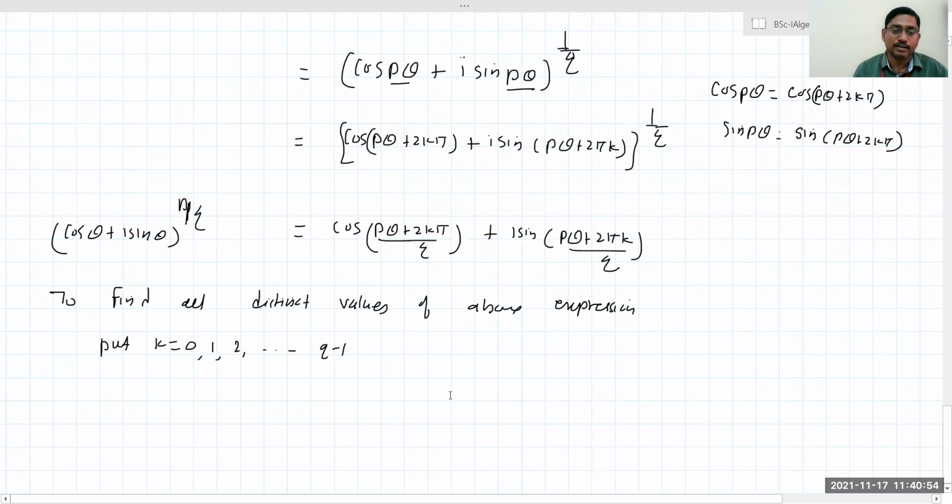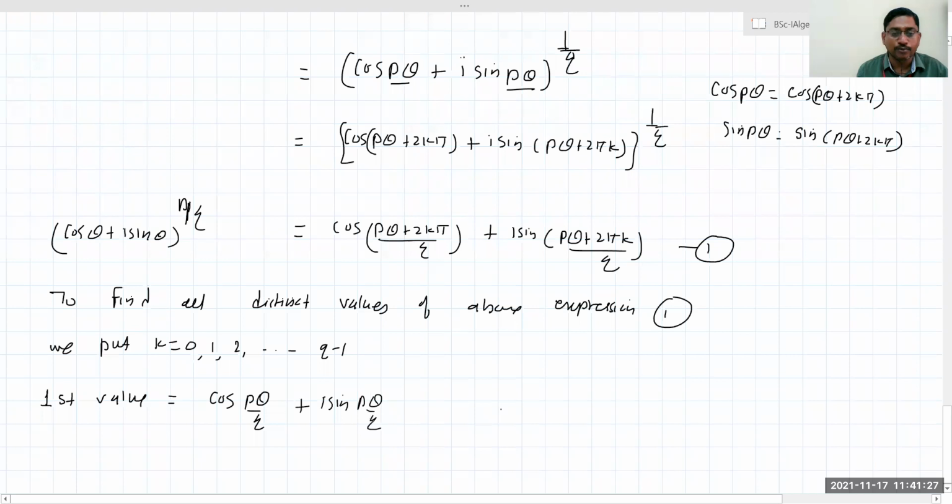So by putting these values of k in the above expression 1, one by one, I'll say the first value is cos of p theta upon q plus i sin of p theta upon q, when k equal to 0.